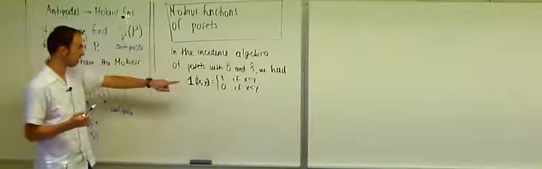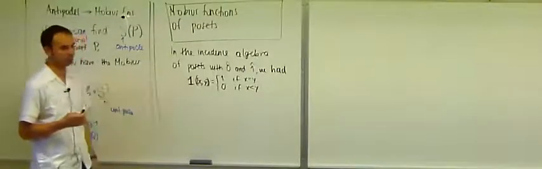Okay, and we saw that this was the identity under convolution. Okay, we also had the function zeta, which was defined to be 1 for all intervals.